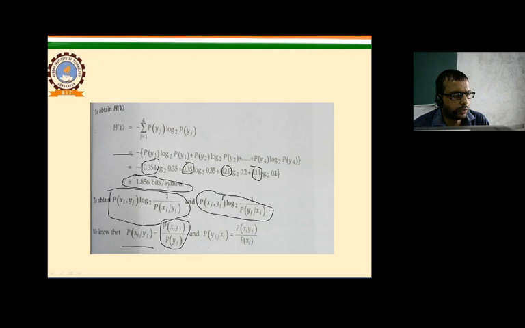And similarly this can be used to get H(Y|X). Similarly, this formula is used to get H(X|Y).